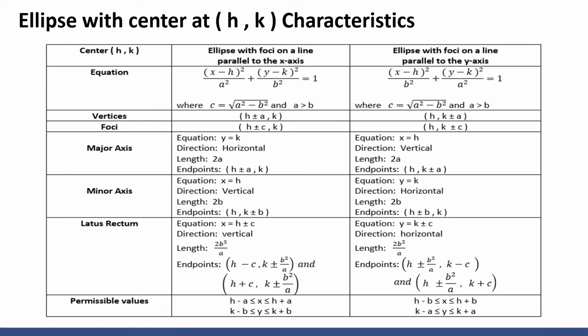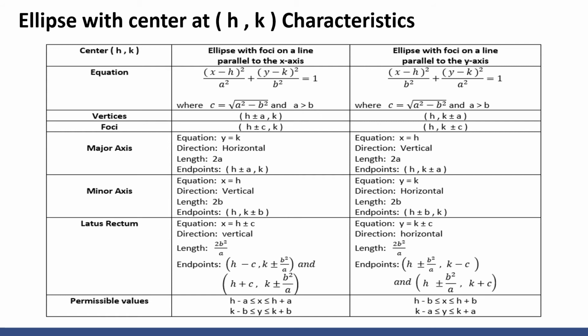Our next equation is x minus h quantity squared all over b squared plus y minus k quantity squared all over a squared equals 1. So, yun. Halos kagaya rin lang kanina. At kung mapapansin nyo, parang iti-translate lang natin ito from the origin to a certain point, h, k.